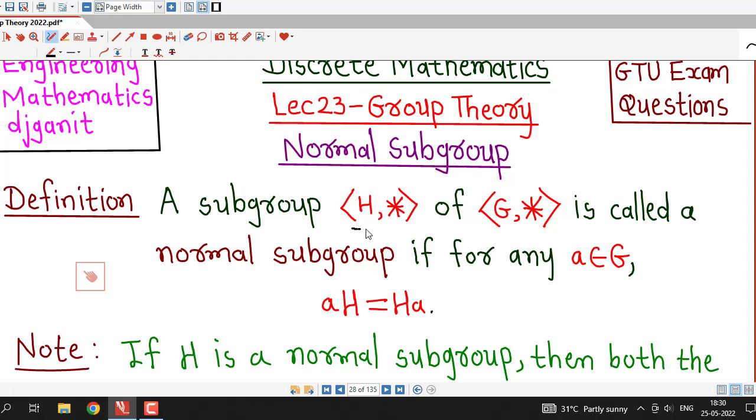A subgroup H under binary operation star of a group G under binary operation star is called a normal subgroup if for any element a in G, aH equals Ha, that is, the left coset is equal to the right coset.